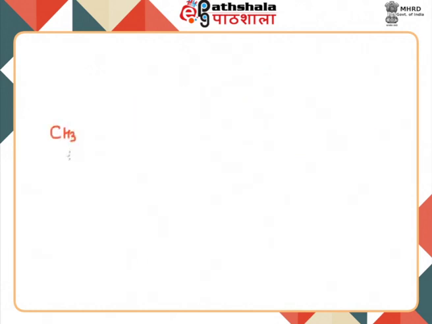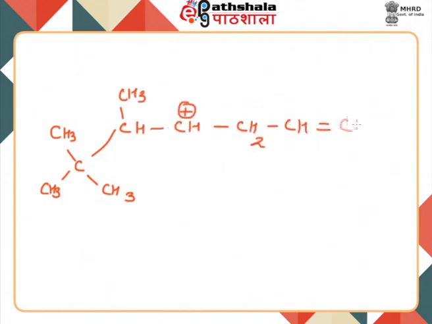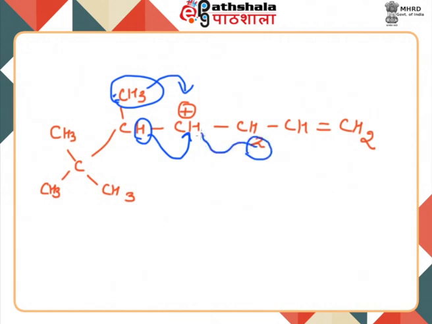Suppose we have this carbocation, and now we want to see whether this hydride shift will take place, or alternatively this methyl shift will take place, or the hydride shift from this side will take place.